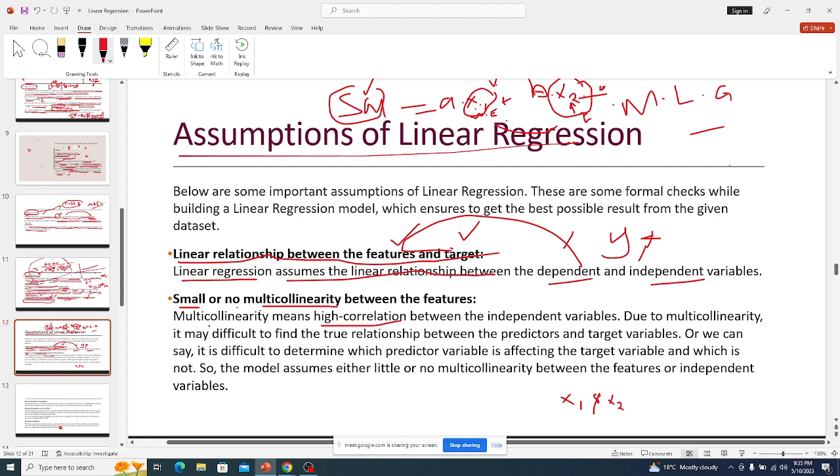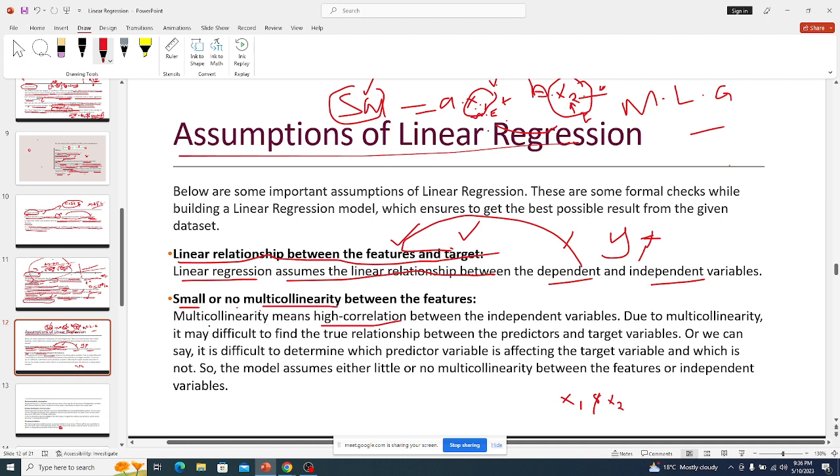So if we use the two variables to determine the salary, it will be hard to know which independent variable is impacting our model.